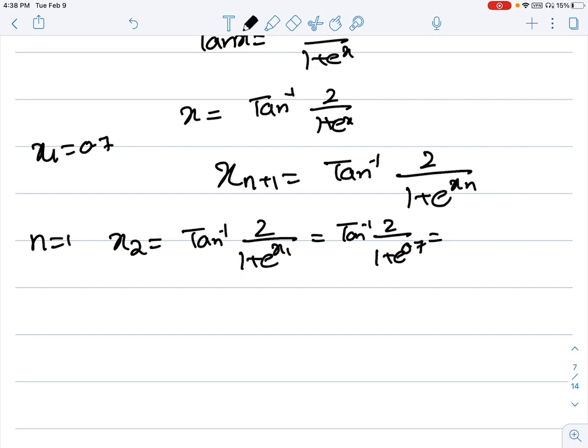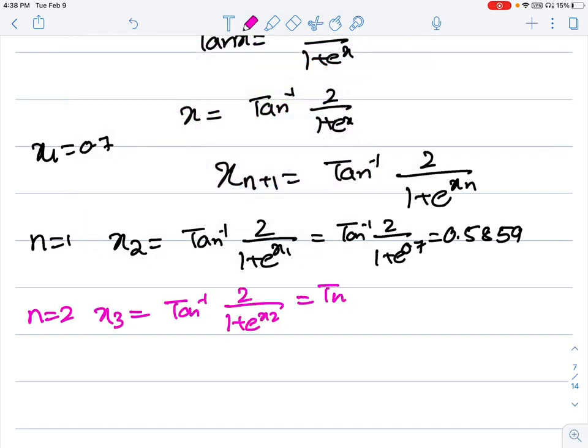So when I do shift tan inverse 2 divided by 1 plus e power 0.7, I get 0.5859. Then I take n is equal to 2, so it becomes x3 is equal to tan inverse 2 by 1 plus e power x2, which is tan inverse 2 by 1 plus e power 0.5859.